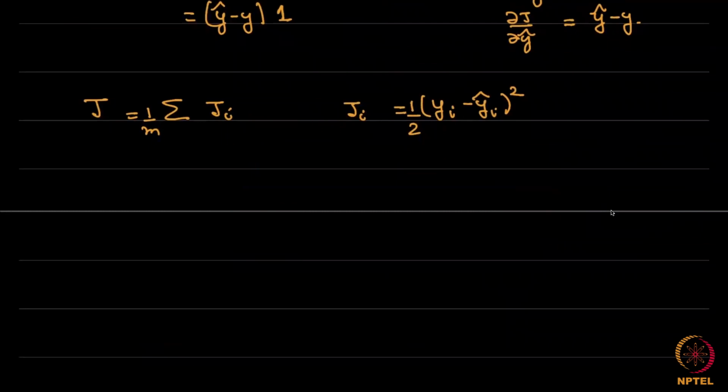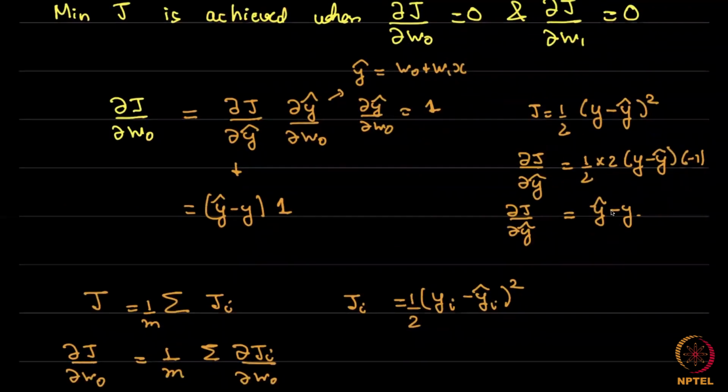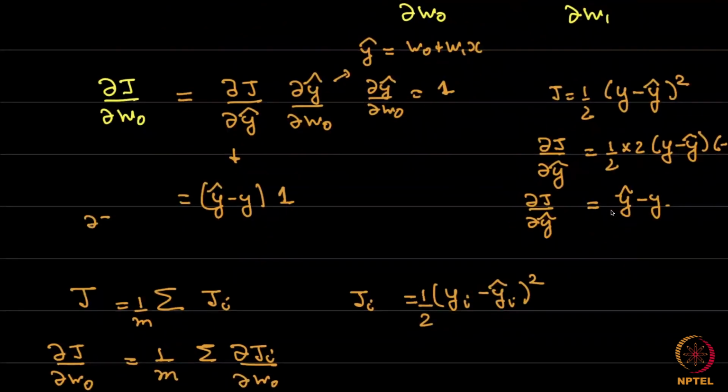Then I know that del J del w0 is 1 over m summation of del J_i del w0. And we now know, based on our expression so far, that del J_i del w0 equals y hat_i minus y_i, because all I have done is replace J with J_i, and y hat with y hat_i minus y_i.